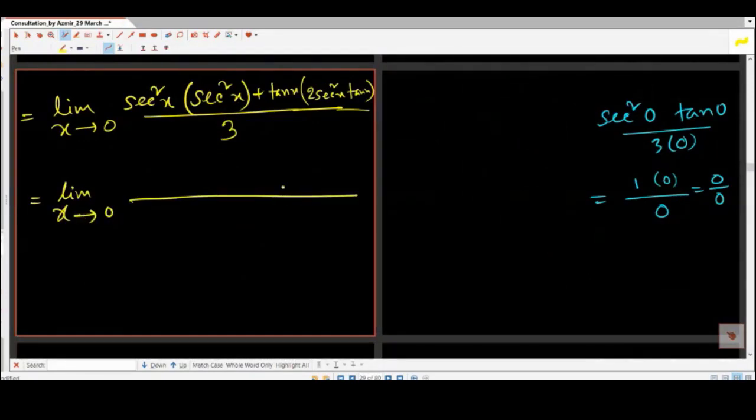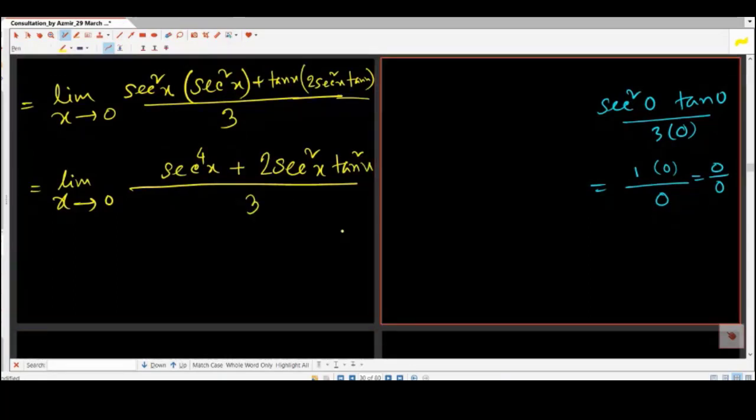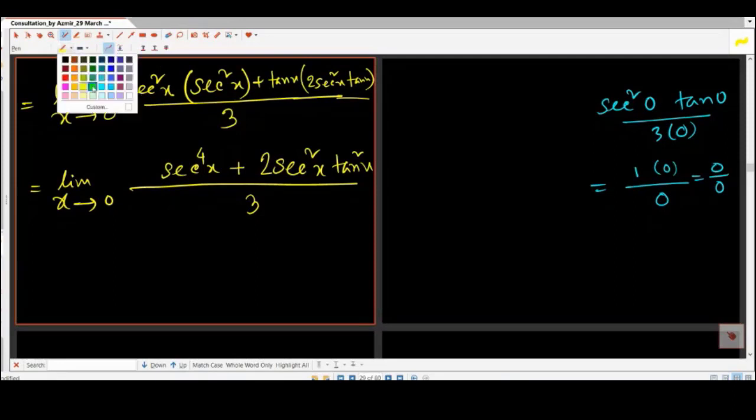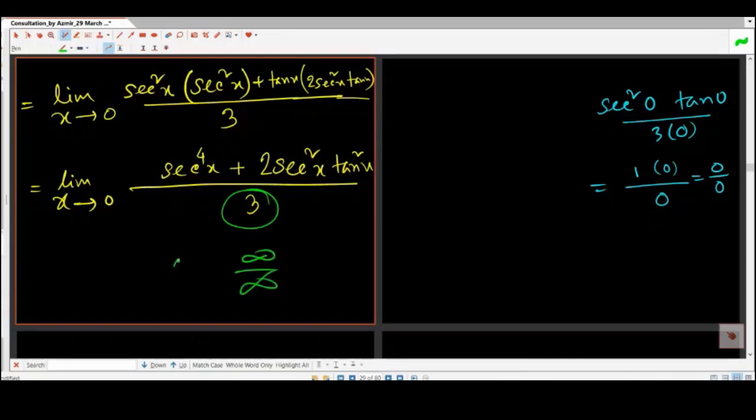Let's do the simplification here. So we have secant to the 4, or we can write secant 4x, plus 2 secant squared x tan squared x, over 3. This time you can see that in the denominator we have 3. So there is no possibility of having infinity over infinity or 0 over 0 here. That means we can stop here.